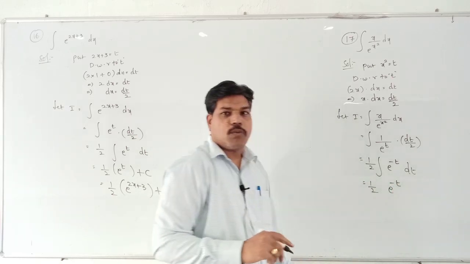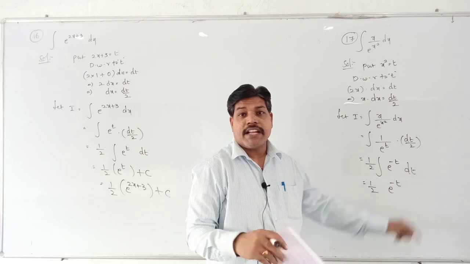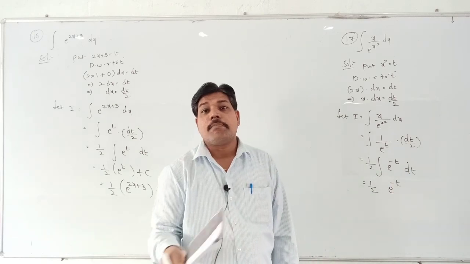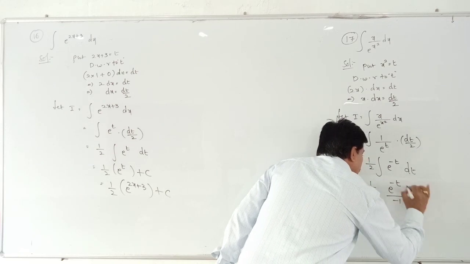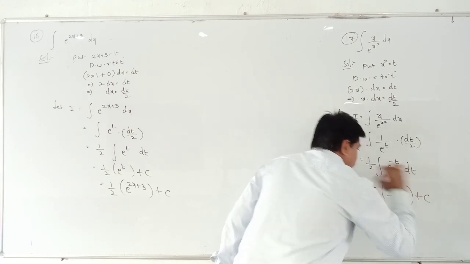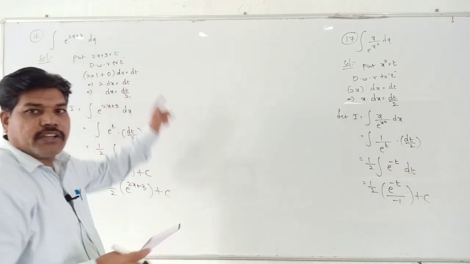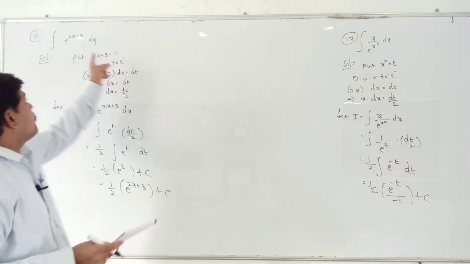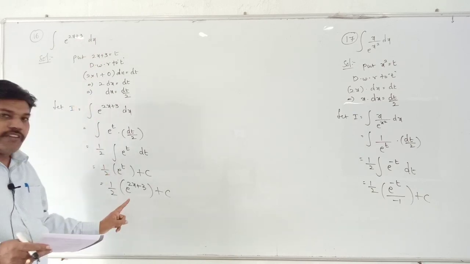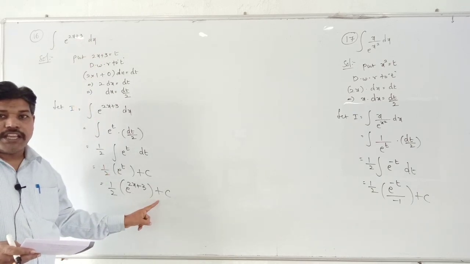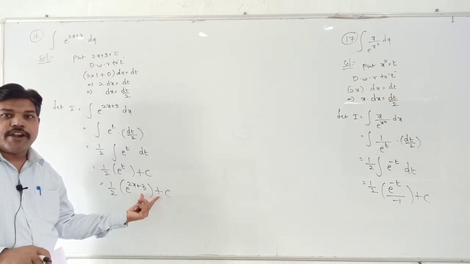I already told that one. It is minus t. Minus t derivative with respect to t is minus 1. So that minus 1 you have to take in the denominator plus c. So see students, we already completed one question. What is that one? E power ax plus b derivative. Integral of e power ax plus b is e power ax plus b by the derivative of 2x plus 3.